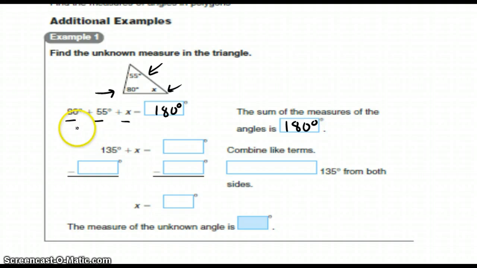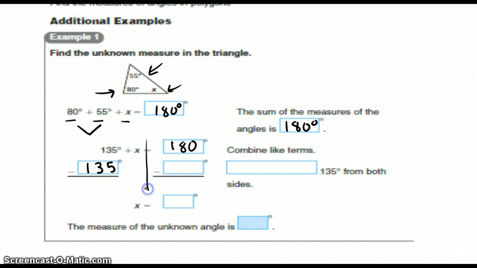So let's combine 80 and 55 and get 135 plus our x still is going to equal 180 degrees. So if I need to get rid of the number attached to my x, the opposite of adding is subtracting. I subtract 135 from both sides.